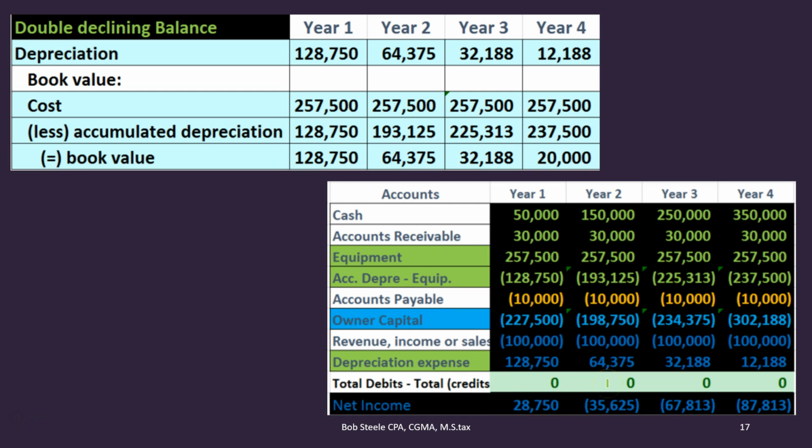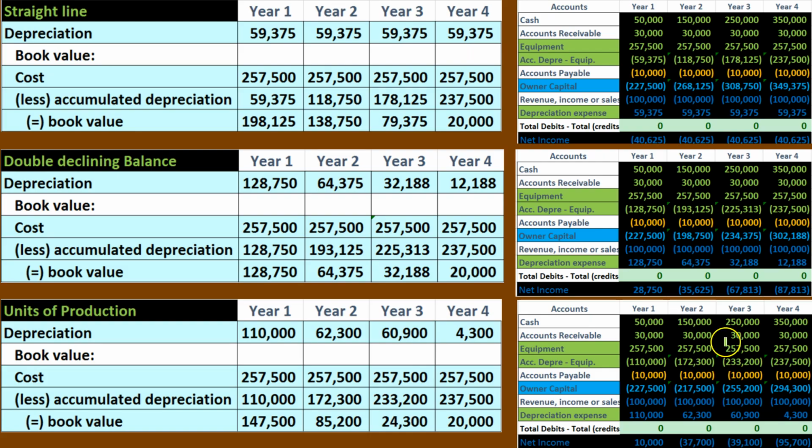And then we have income in year 2, more income in year 3, and more income in year 4, assuming once again the same amount of revenue. The only change in this case is the difference in the depreciation expense caused by the double declining method. If we look at the comparison of the methods, straight line and double declining and units of production, under the straight line method we would have the same amount of depreciation over the useful life.